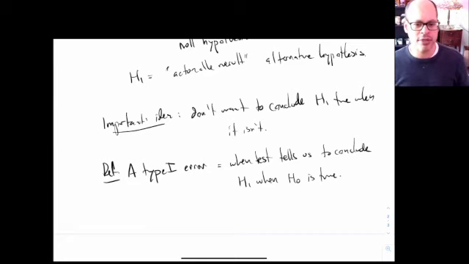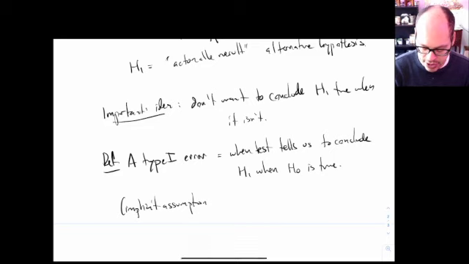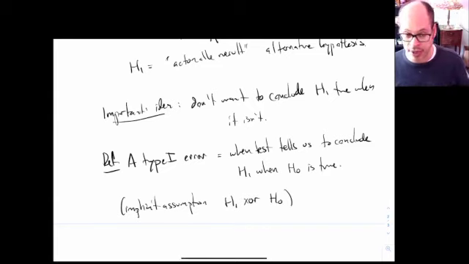Now, of course, implicitly, we're imagining that either H1 is true or H0 is true. Really, there's this implicit assumption in how we discuss this that H1 exclusive or H0 is true. One or the other and not both.